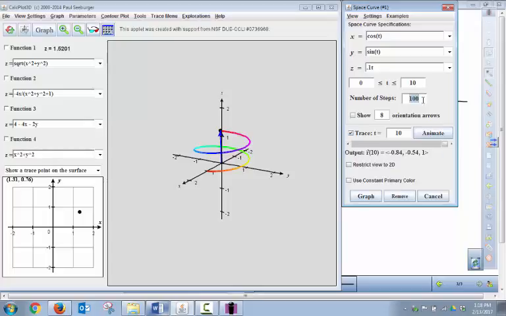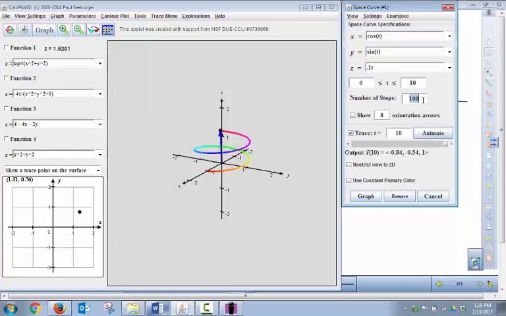The number of steps, this is a computer thing, tells you how many dots to plot, and then it's going to connect the lines. So the more you have, the better it's going to be, but the longer it might take depending on how complicated your curve or your surface is.